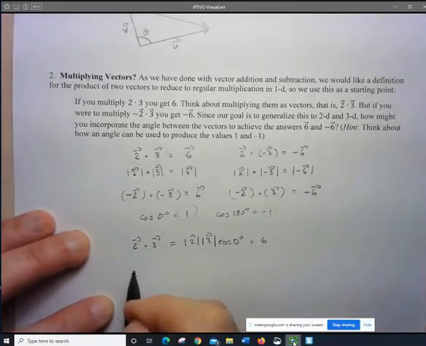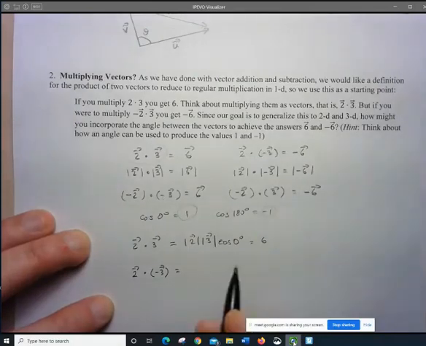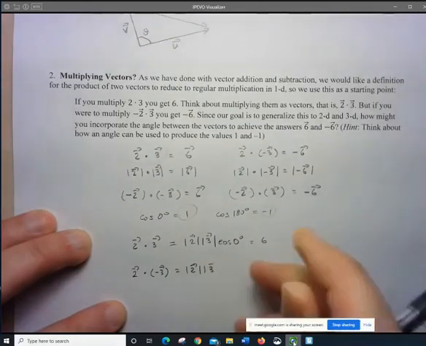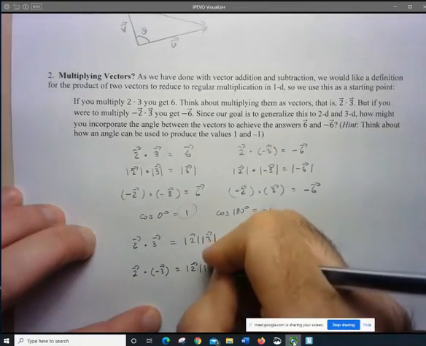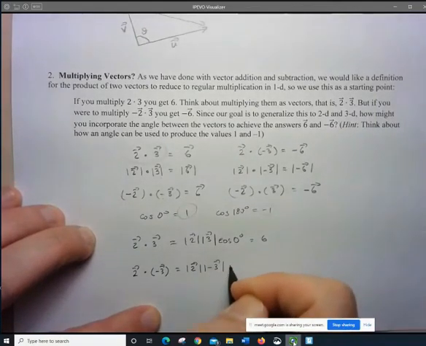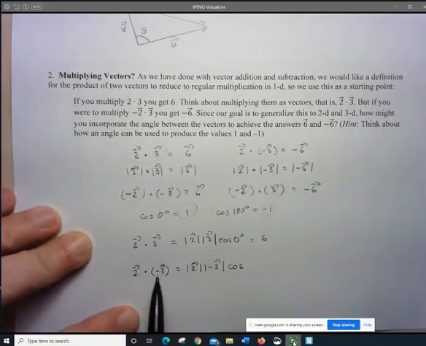Now, let's say I take vector 2 times vector -3. Let's see what this gives me. Let's try to use this same idea. Let's take the magnitude of 2 times the magnitude of -3 times the cosine of, well, what's the angle between these two vectors?